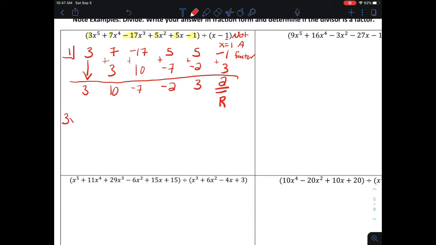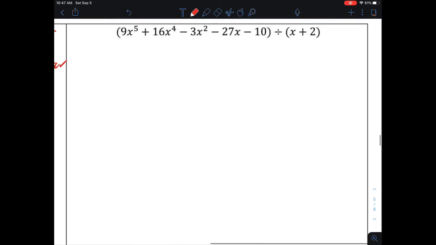I'd have 3x to the 4th, and then I work my way to the right, decreasing my degrees, plus 10x to the 3rd, minus 7x squared, minus 2x, plus 3. When you get to the remainder, it's plus the remainder over what you're dividing by.